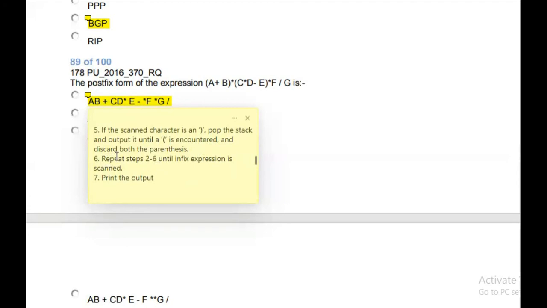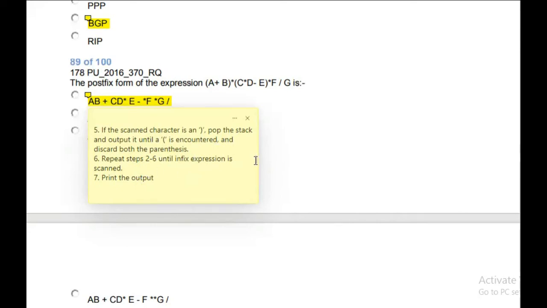Okay, sixth step: repeat steps 2 to 6 until the infix expression is scanned. Print the output. So repeat steps 2 to 6 until the infix expression is fully completed, and print the output. So p would contain the output.